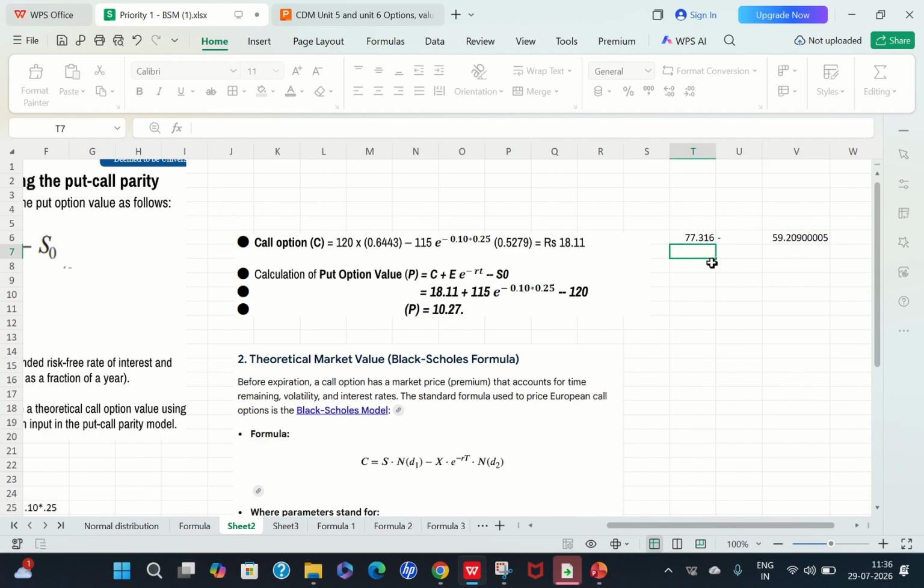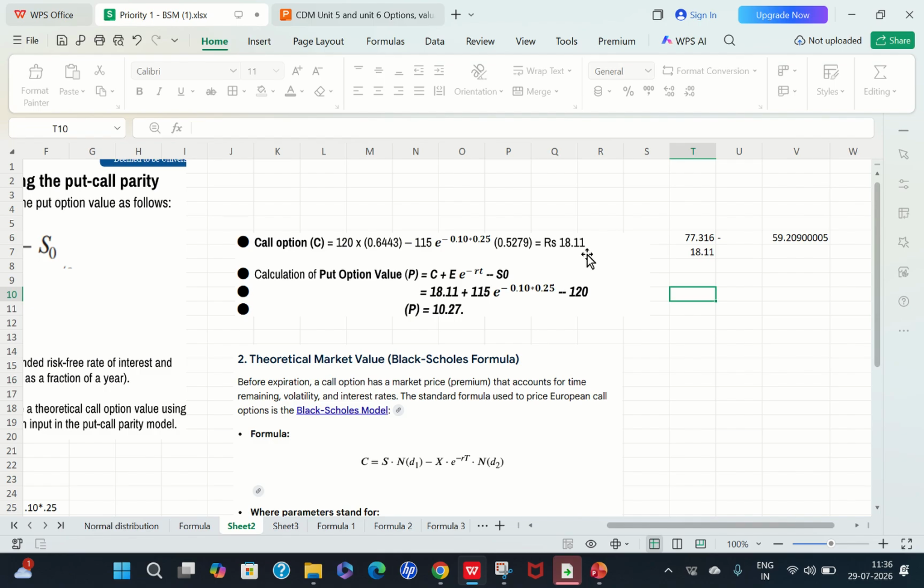So 77.316 minus 59.21 comes to 18.11. These are calculations where you have to be very, very careful in multiplication, picking up the e number correctly from the question paper. That is all very important.